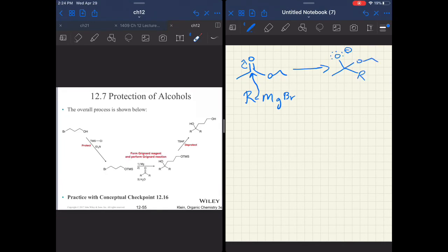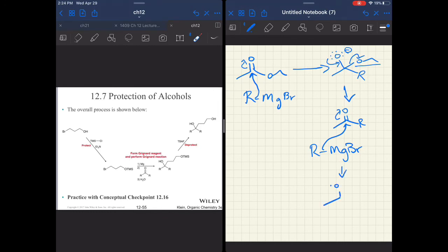Now, when this is an H or another R, nothing can happen. A carbon won't leave and a hydrogen won't leave. But an oxygen can leave. So that one will pop off and we'll be left with a ketone. And it will be impossible to keep that ketone from reacting with the Grignard because it's just as reactive as the ester.